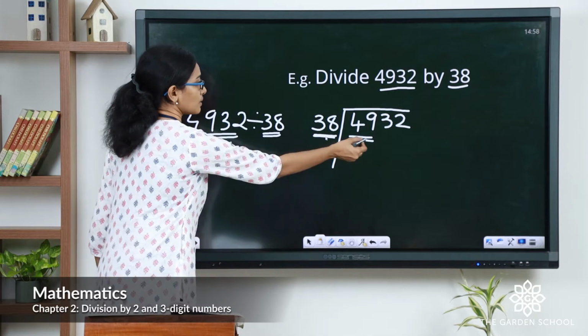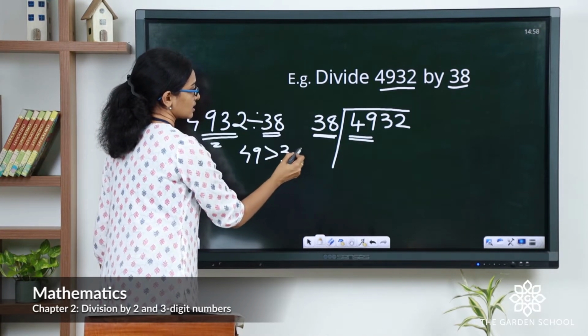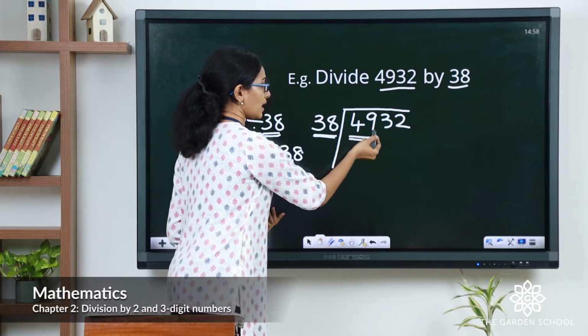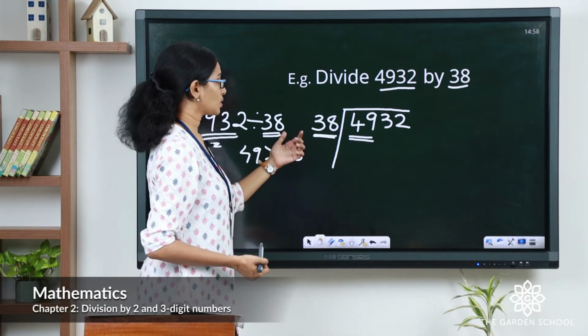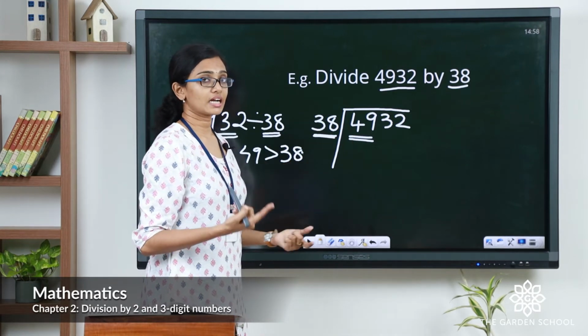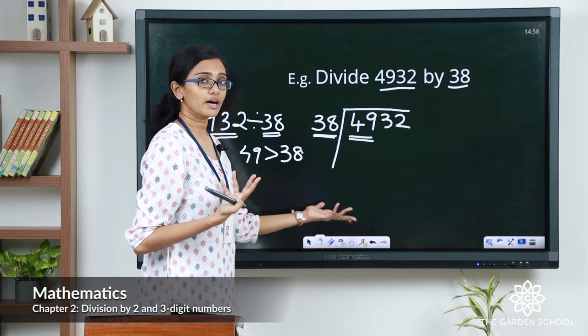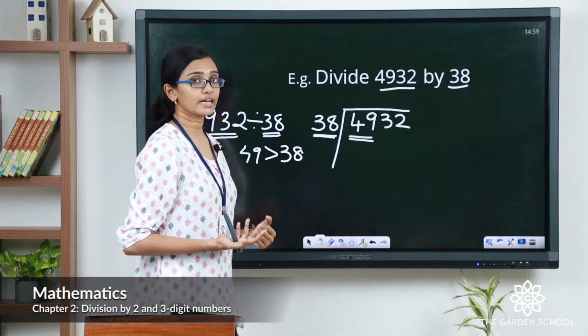So, this number 49 is greater than 38, the divisor, right? So, we can divide this 49 by this 38. How many 38s will go in 49?